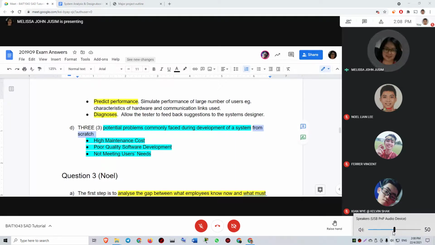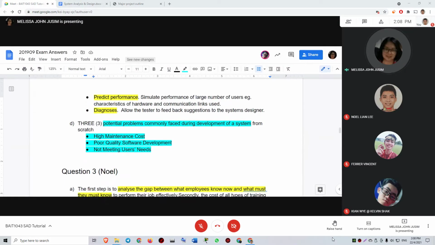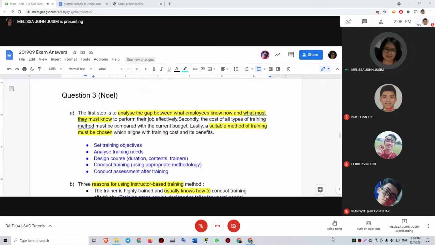When I saw this from scratch, I thought it was referring to the bespoke system, which we didn't cover in our system design phase. So these are some of the 3 potential problems. In fact, there are many more. Okay.